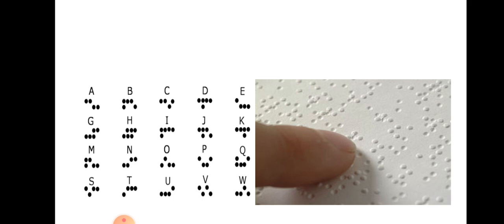Dots are arranged in cells of 2 vertical rows of 3 dots each. Next, patterns of dots represent some English letters. Here you can see the alphabets in the Braille system.